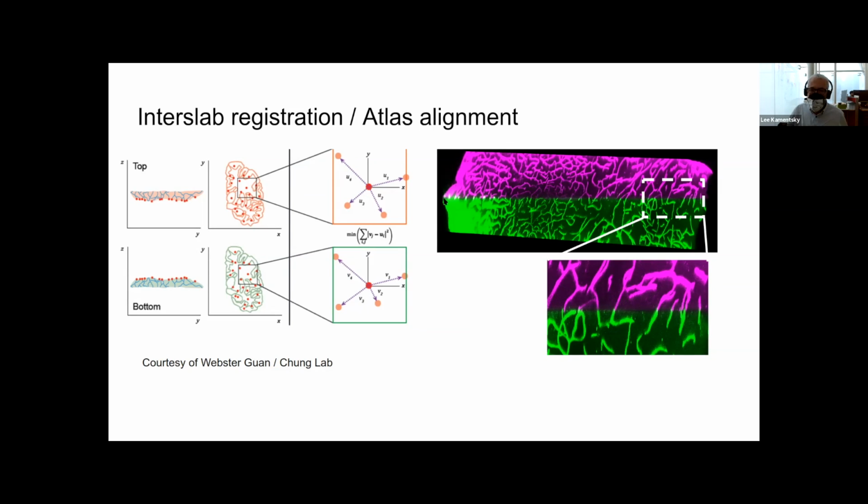Once you have those, you can have a registration between slabs, and that can be built up into a transform that can be saved to map one slab to meet the other.